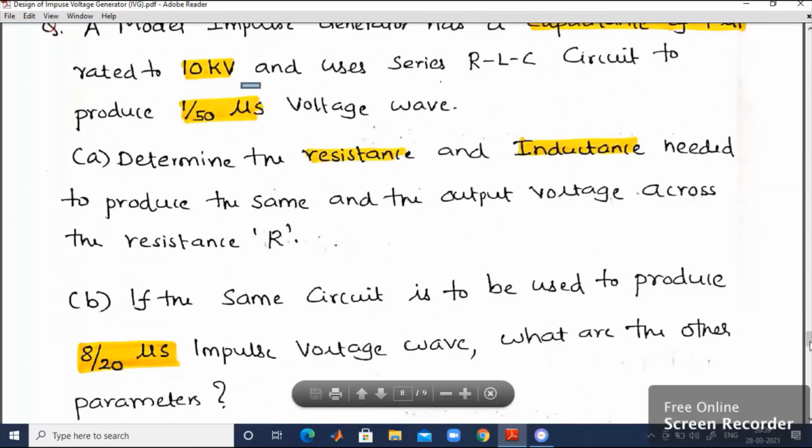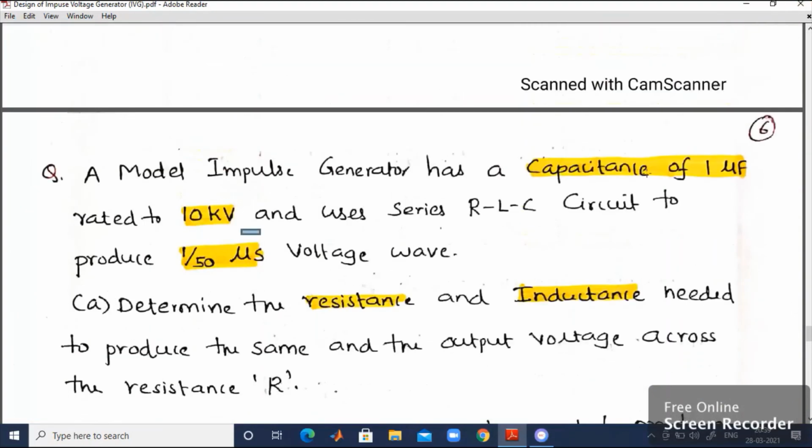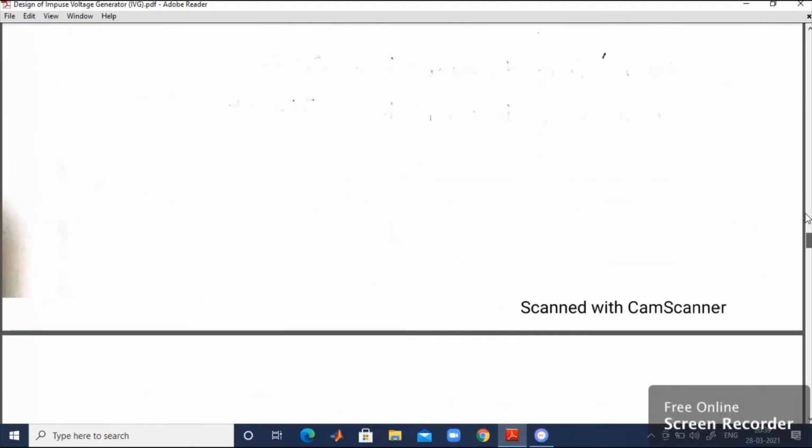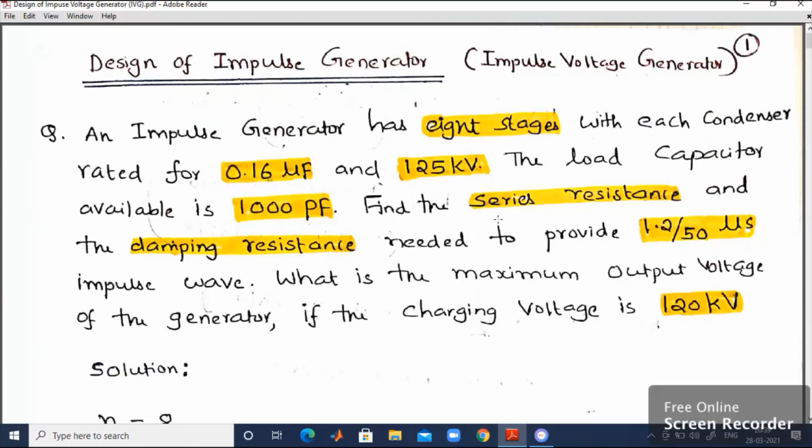So let us recall what we have done right from the beginning. At the starting itself, we computed the value of R1 and R2. So how to calculate R1 and R2? R1 is nothing but series resistance, or you can call it wavefront resistance. Then R2 is nothing but damping resistance or wavetail resistance that you can compute.